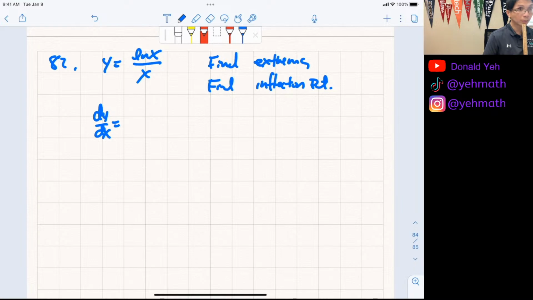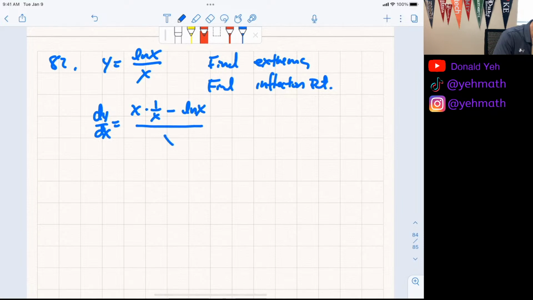Quotient rule, good. Can you use quotient rule here? x times 1 over x minus ln of x, over x squared. Is that hard? Low d high, high d low, over low low.